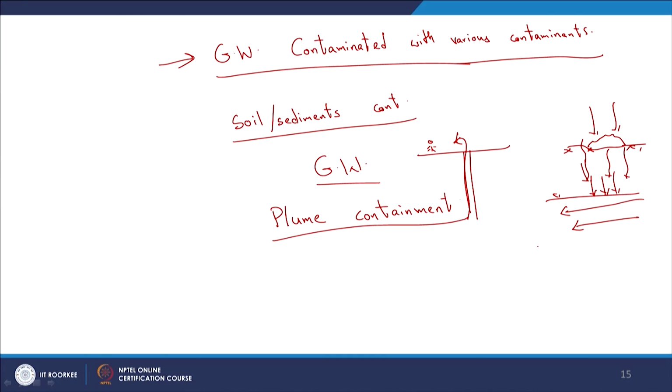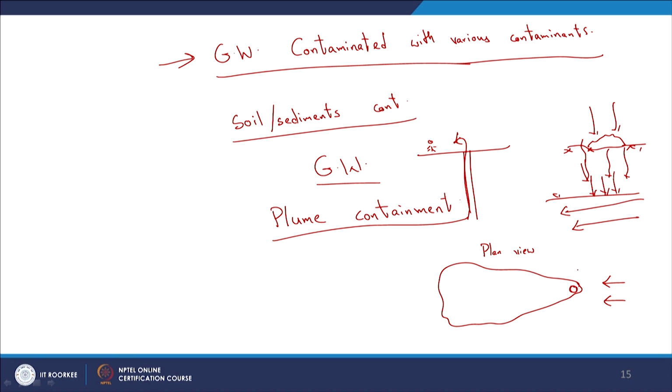Moving on, we did look at one case where they were pumping the water out, treating it, and then disposing it in different ways. But before we look at pump and treat, we are going to look at containing the plume. Here, in the plan view, is the source of my contamination, with groundwater flowing in this direction, and this is my contaminated plume.